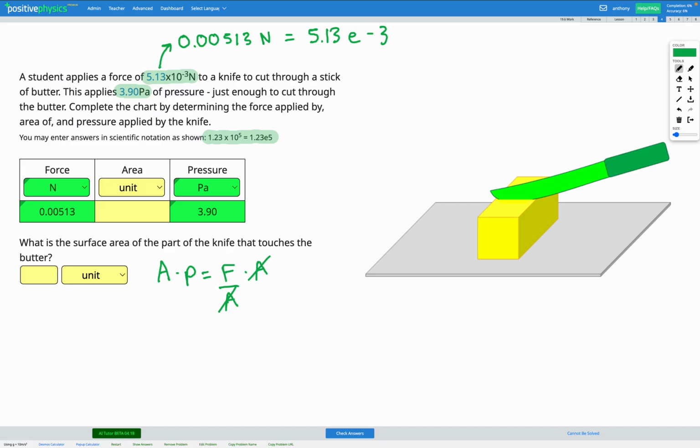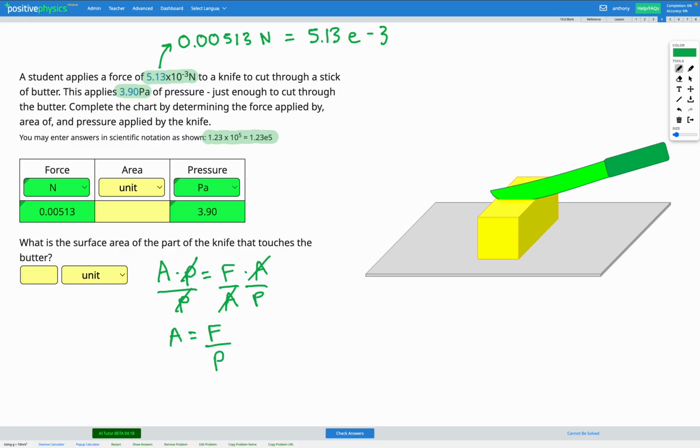Now I've got area on the top, but it's multiplied by pressure. So I'm going to divide by pressure on both sides so that I end up cancelling those pressures and having area on its own. So my equation I'm using in the end is area equals force divided by pressure.